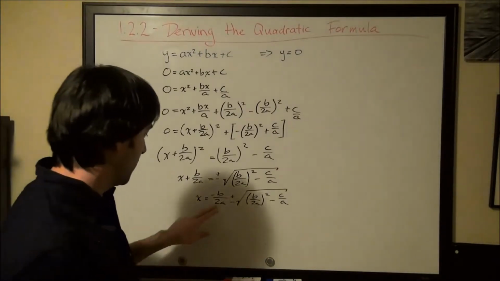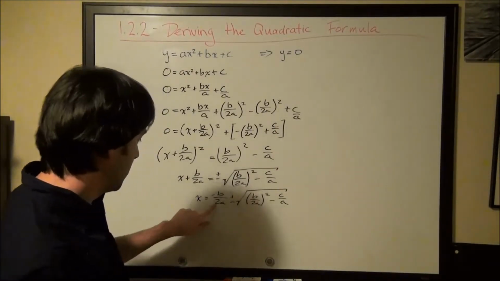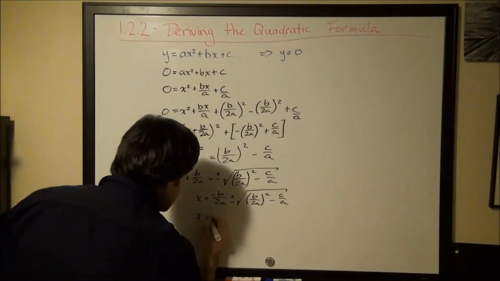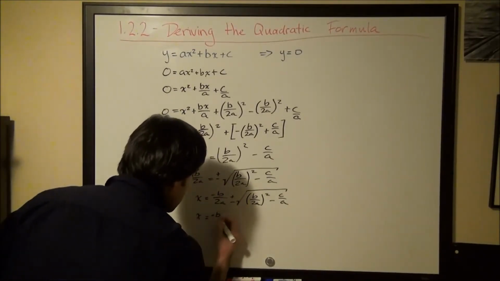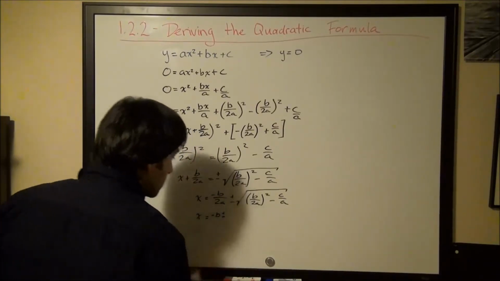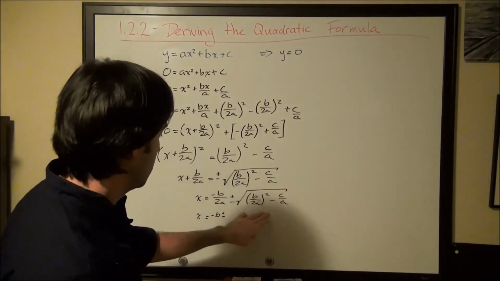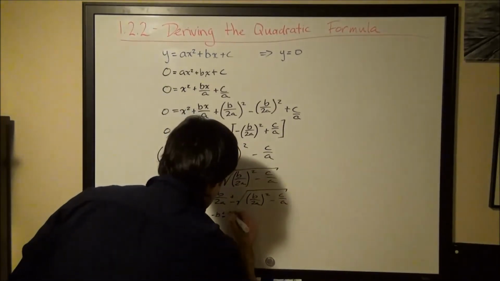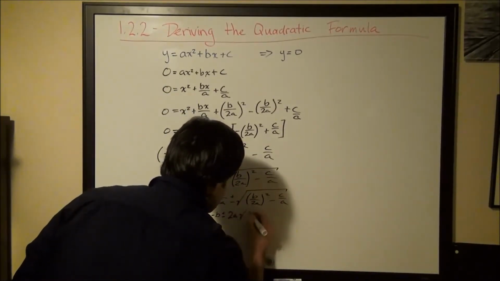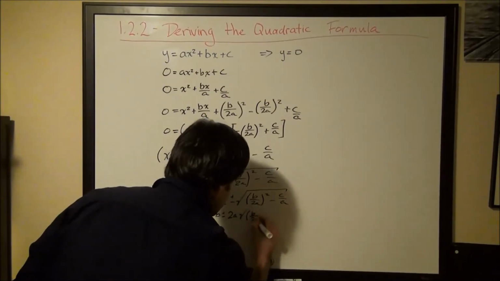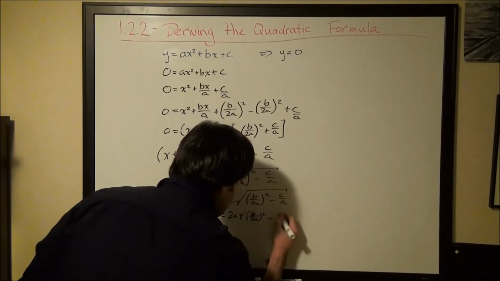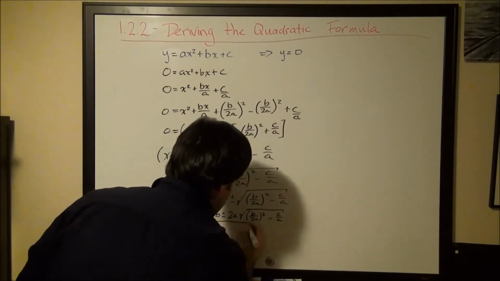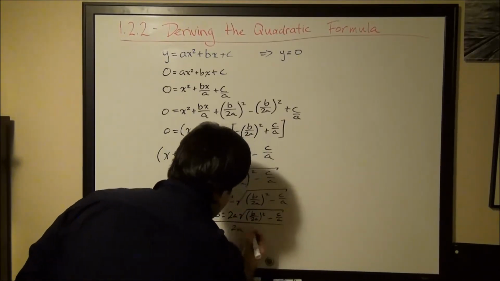First of all, we can put everything under a common denominator, or 2a. So we can say x is equal to minus b plus or minus. Now if I divide this term by 2a, I have to also multiply it by 2a. So we can say 2a root, and now the whole thing is over 2a.